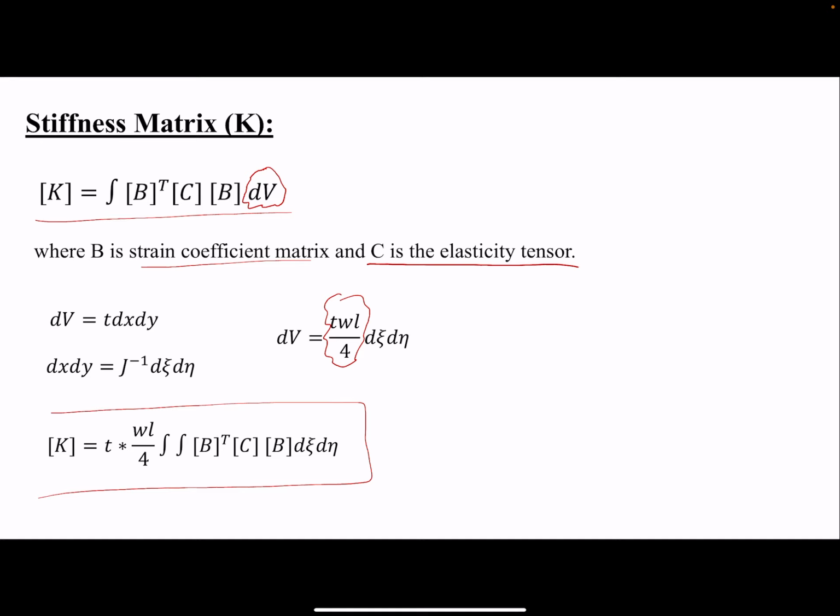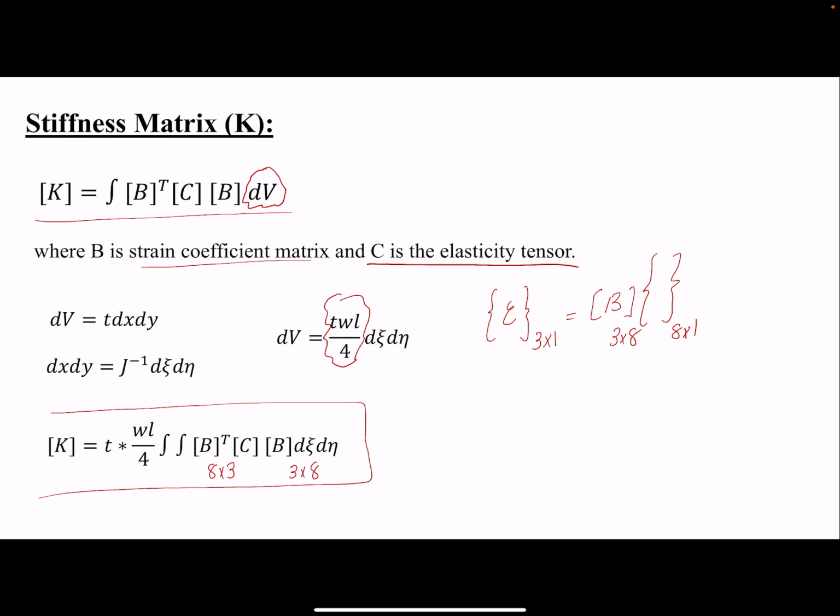So for the case of 2D, for the case of the quadrilateral element that we've been talking about today, what is the order of the B matrix? Do you remember? The B matrix was relating epsilon, which is 3 by 1, to our displacement field, which is 8 by 1. So our B matrix was 3 by 8. Then B transpose would be 8 by 3.